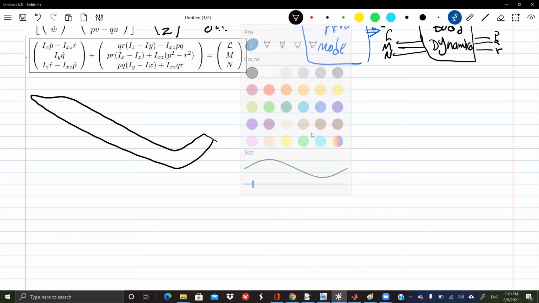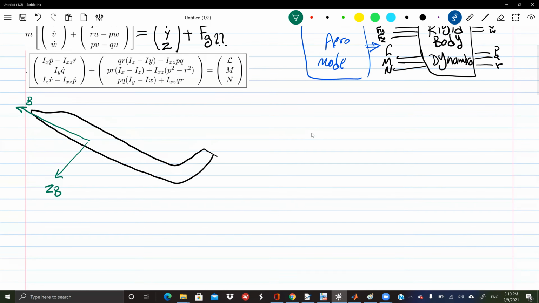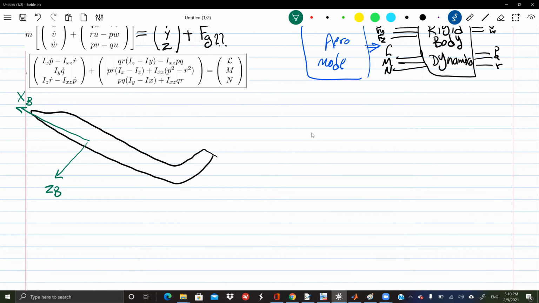So this is the body axis, X body, Z body. But the inertial axes, this is X inertial and Z inertial. Inertial means fixed or moving with constant speed, so there is no acceleration. So usually we take it fixed.